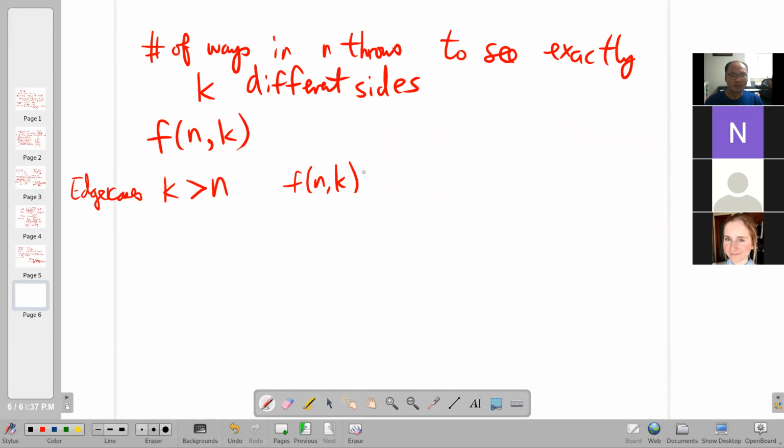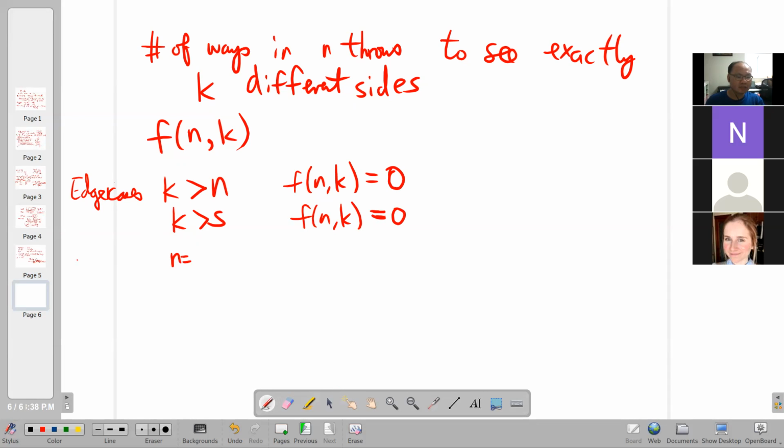There's no way you can do it. You cannot see more different sides than the number of throws. Similarly, if k is greater than S, it's also 0, because there are not that many faces.